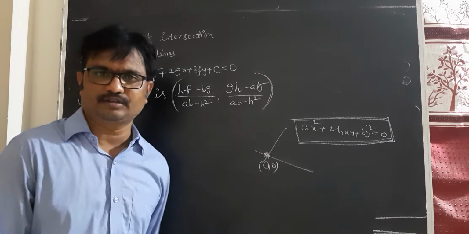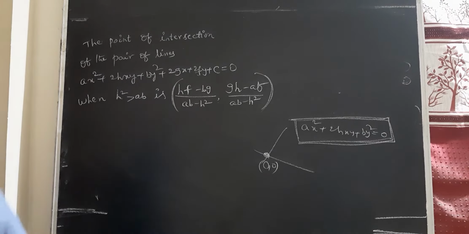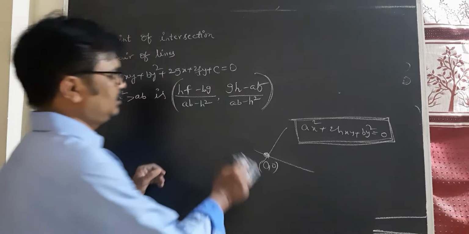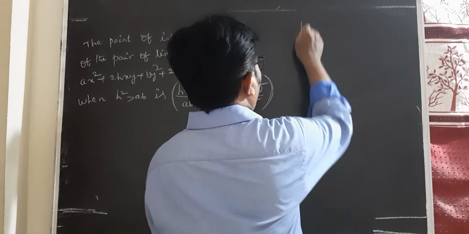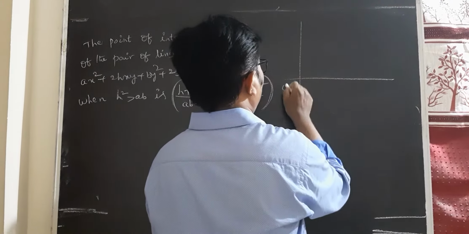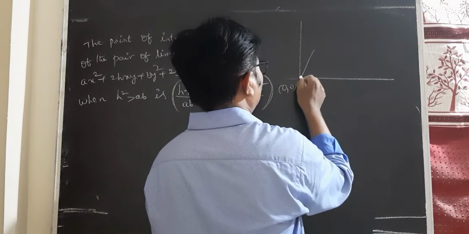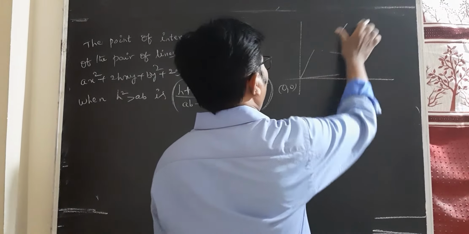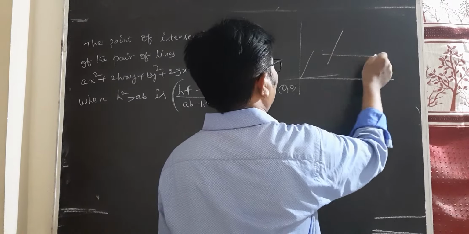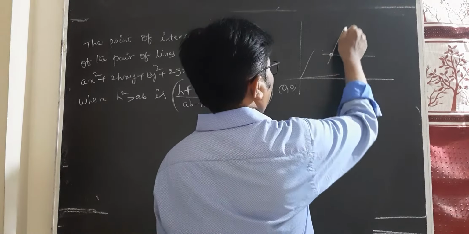Its point of intersection is (0, 0). But students, here this is not passing through the origin. Here the given equation represents a pair of lines, and undoubtedly this is the point of intersection.